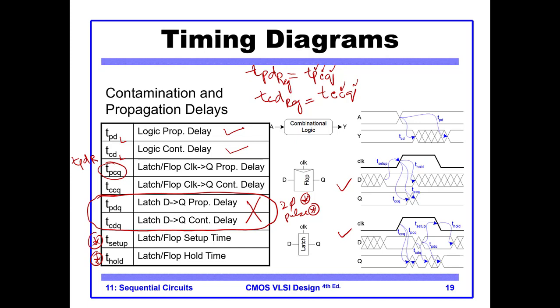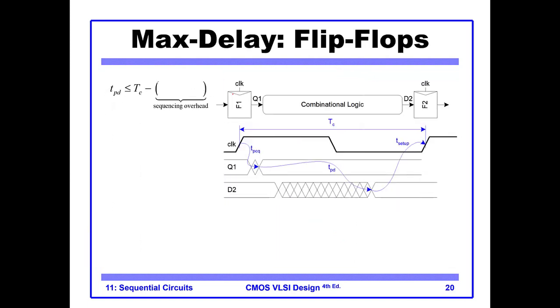We already have discussed these graphs, which were slightly different because they used this TPD and TCD type notation for registers and conventional logic. Again, what is max delay? Max delay is TPD. So TPD is also called max delay.